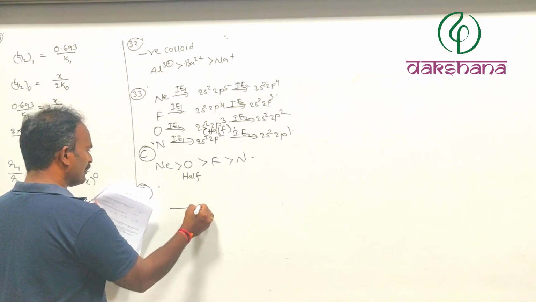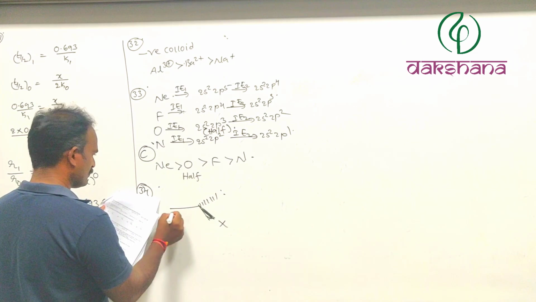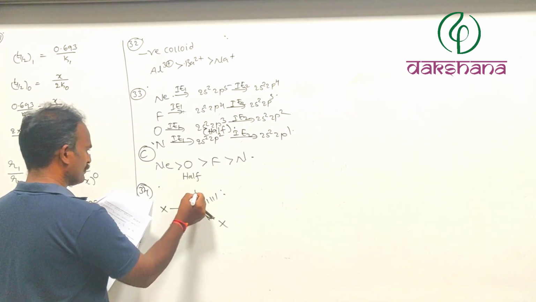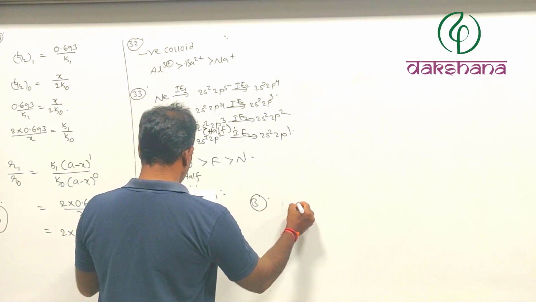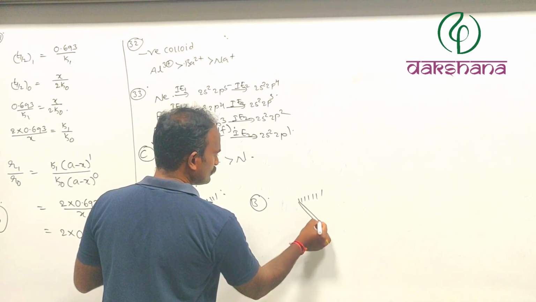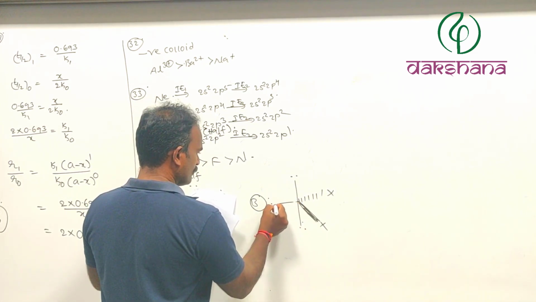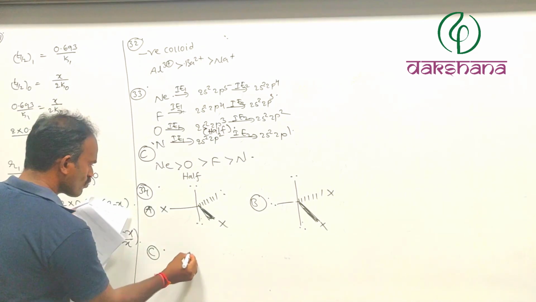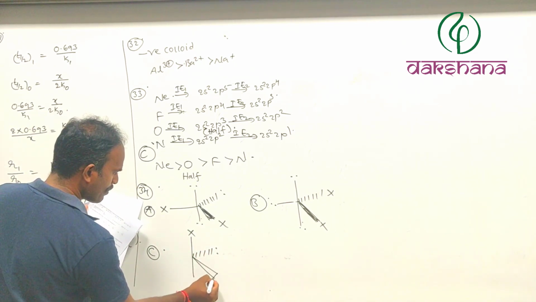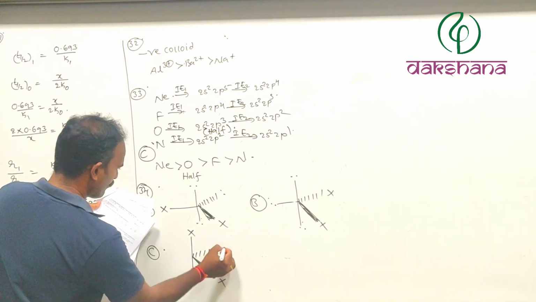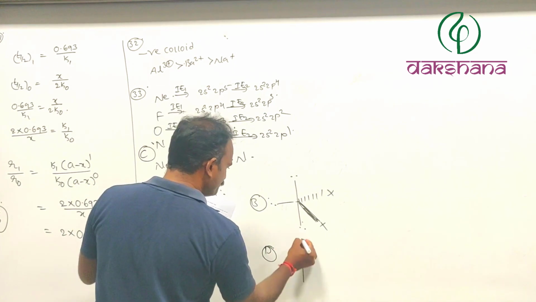The arrangements given here are, this is option A, option B is going to be, and option D, it is going to be X.